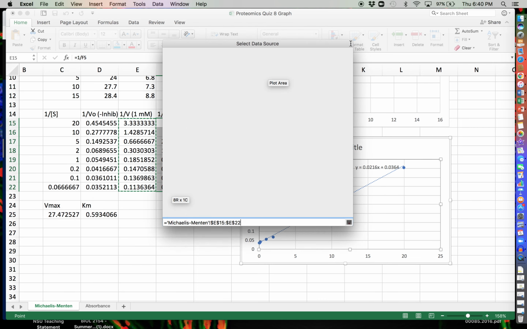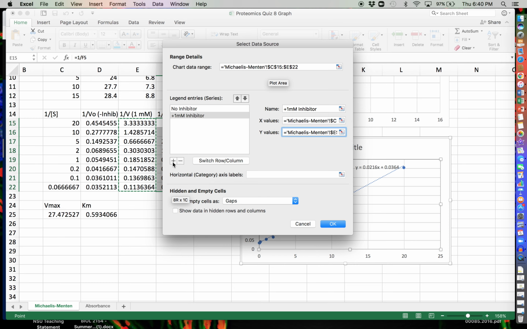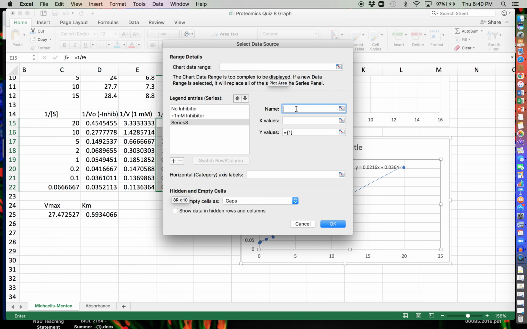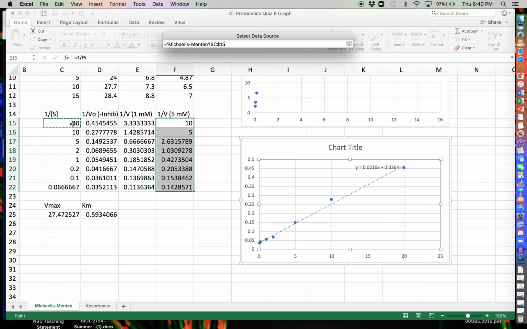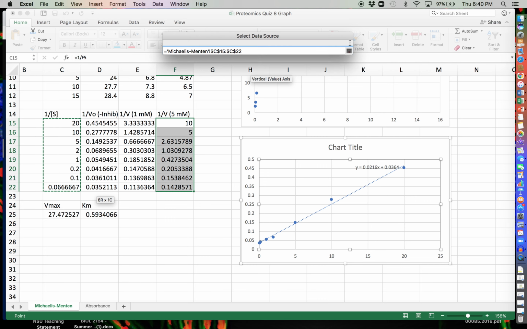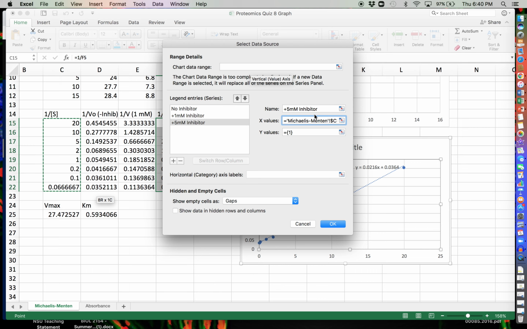There we go. Okay, and then I'm going to create another plot here. This is plus 5 millimolar inhibitor. I want the same X values. Those are the same substrate concentrations. So the substrate concentration is what you want here. The inhibitor concentration has no bearing on the substrate concentration, so don't worry about that.